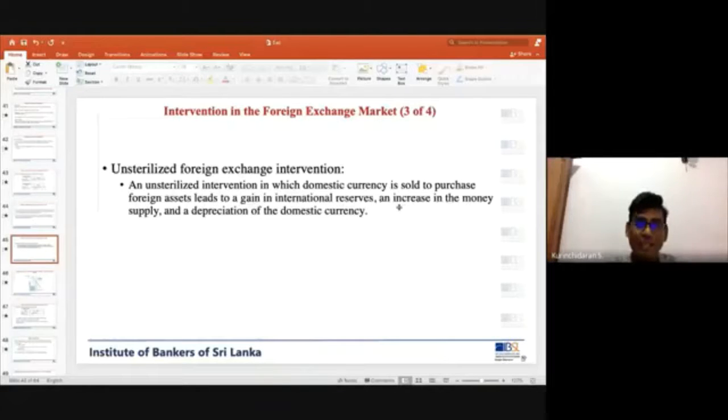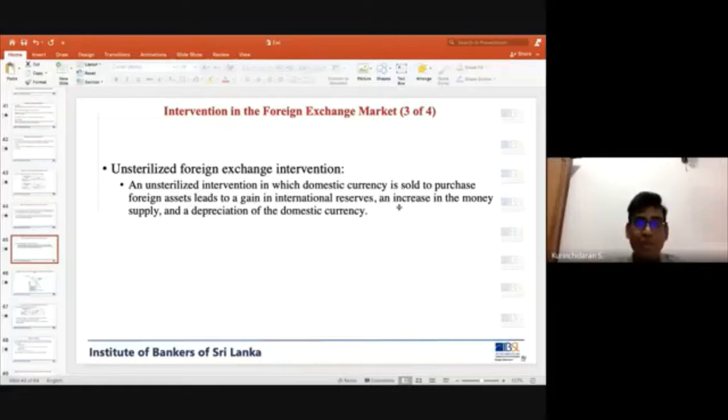Now you can see, the domestic currency is sold to purchase foreign assets. In Sri Lankan terms, let's assume you are going to buy dollars. For that, you are going to sell your domestic currency, LKR.